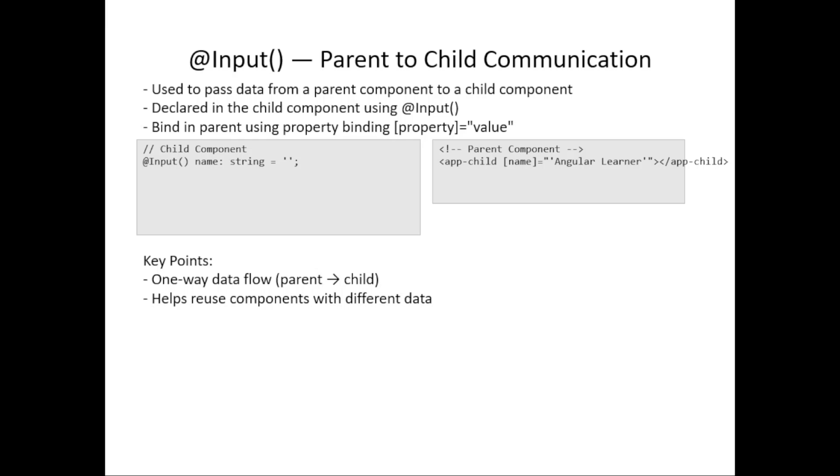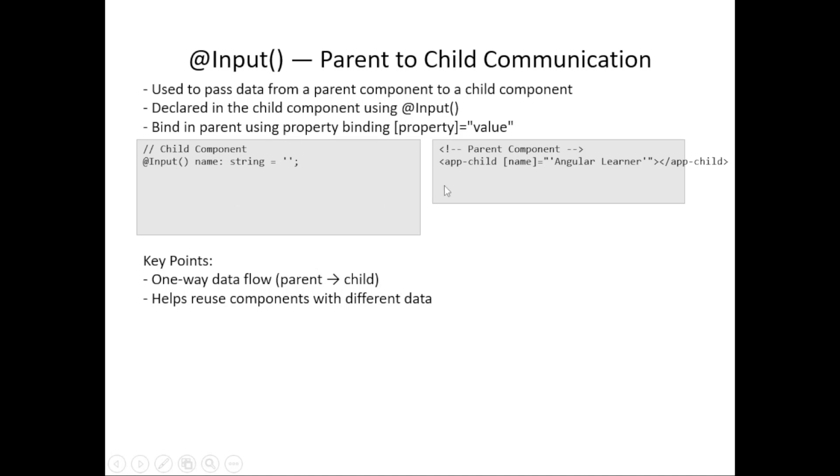In the child component we have the input decorator, and we get the name. So you see, in the parent we are passing the property binding called name, and in the child we receive the same name with the input decorator, and we populate it in the child component.